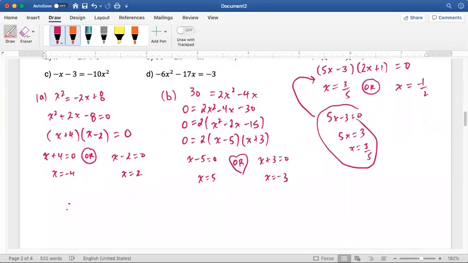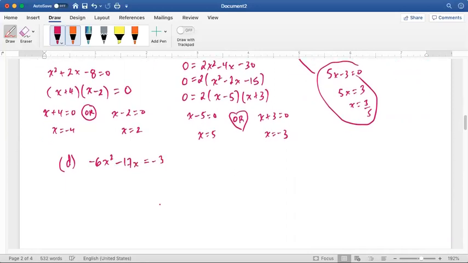And question D, negative 6x squared minus 17x is equal to negative 3. It's too much effort to bring all the terms to the left to keep a positive, but that's okay. We'll just bring that lonely 3 over, make it positive.